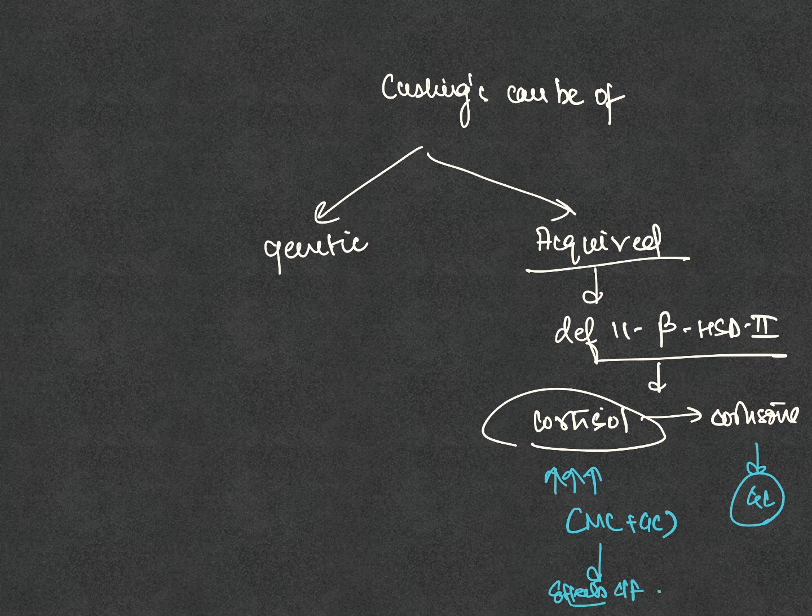While the genetic component of Cushing's disease: the most common gene affected is USP8.